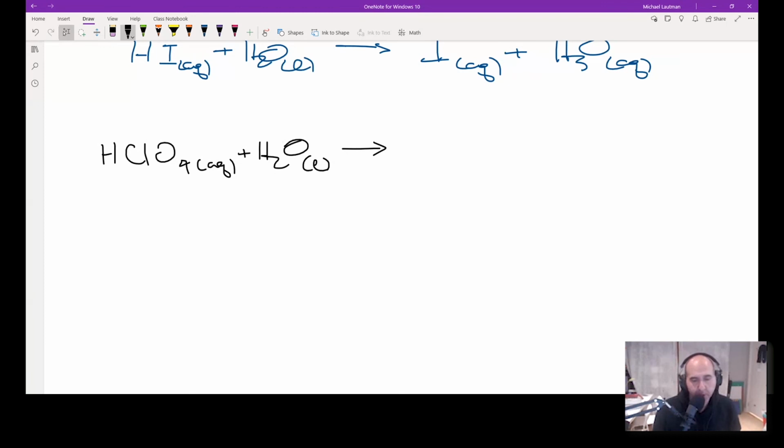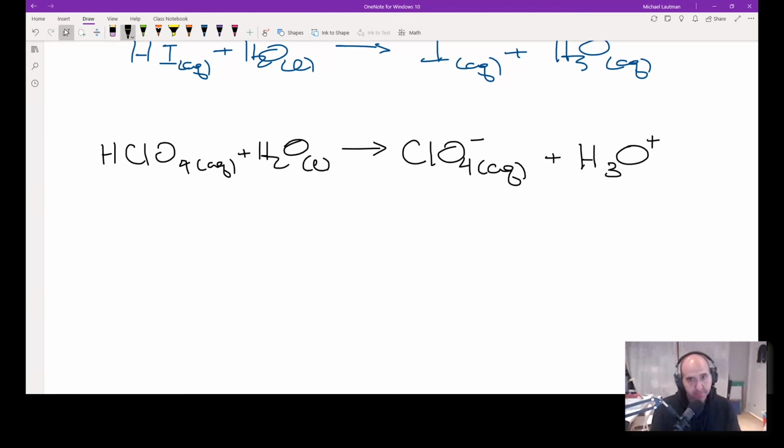Why is HClO4 a stronger acid? So the first thing you should always be doing is writing out an equation for your acid reacting with water, because what we want to look at is the conjugate base.